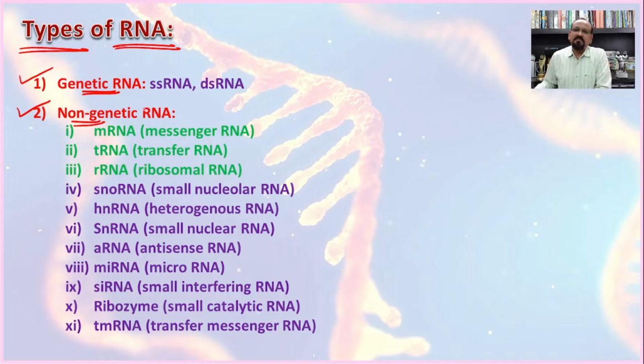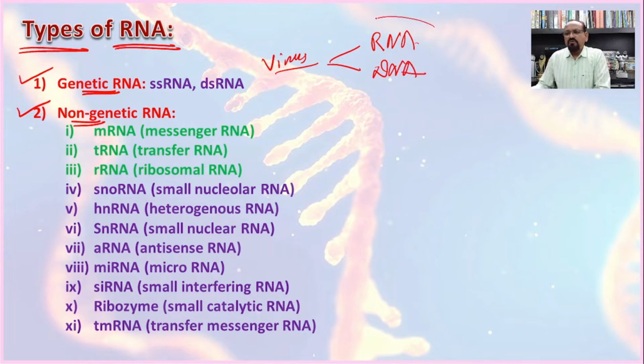Earlier we studied DNA as the genetic material as well as RNA as the genetic material. In most organisms DNA is the genetic material, but certain viruses contain either RNA or DNA.